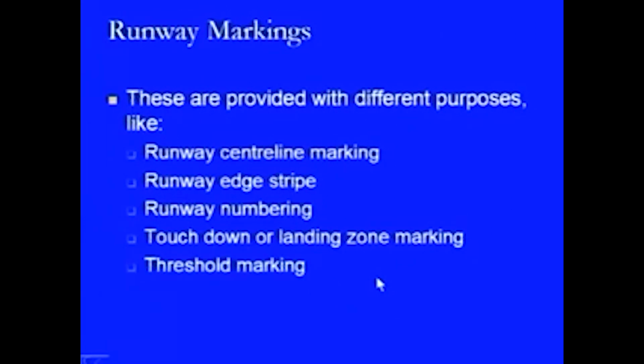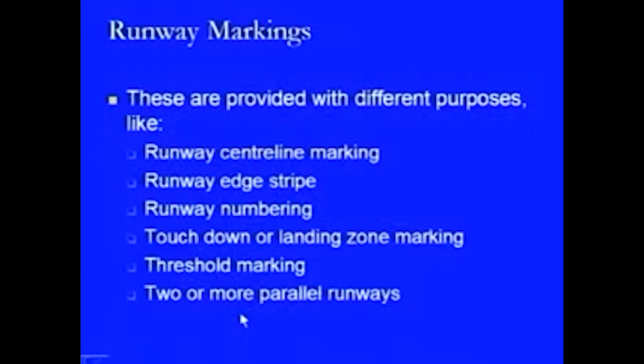Then there is a threshold marking, which defines the specified height by which the aircraft should cross it, so that they can reach the touchdown point in a very safe condition. Then, in case there are more runway strips, the markings related to those two or more parallel runway strips.